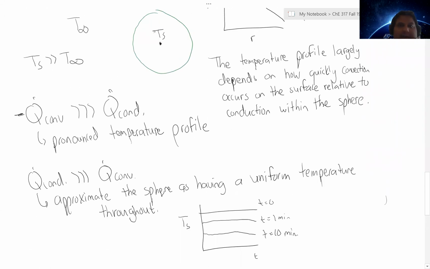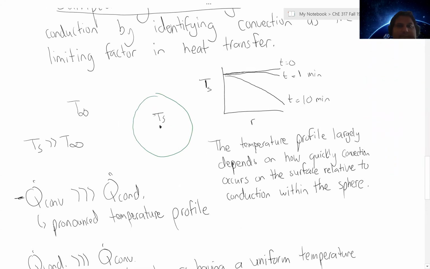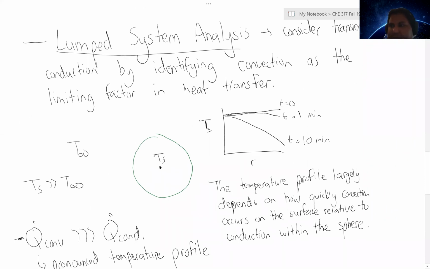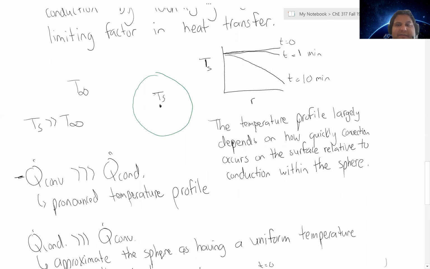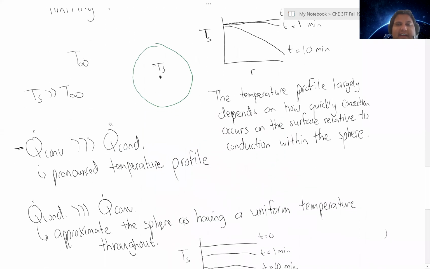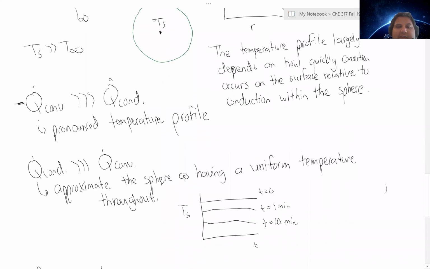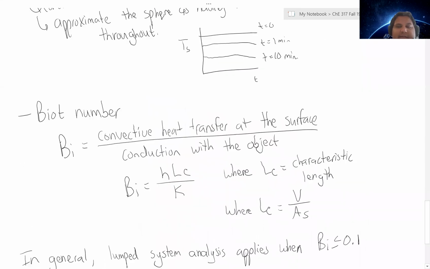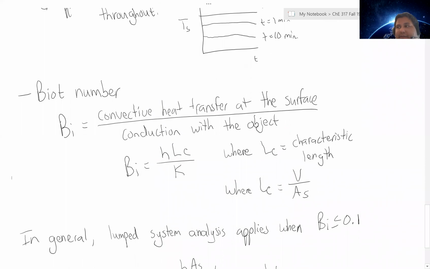So for a quick recap, one of the simplifications we can make to transient conductive heat transfer is for systems where convection is the limiting factor associated with heat transfer, we can calculate the Biot number to determine whether we can use what's known as lumped system analysis, which allows us to essentially approximate the temperature profile within a given object as a single value.